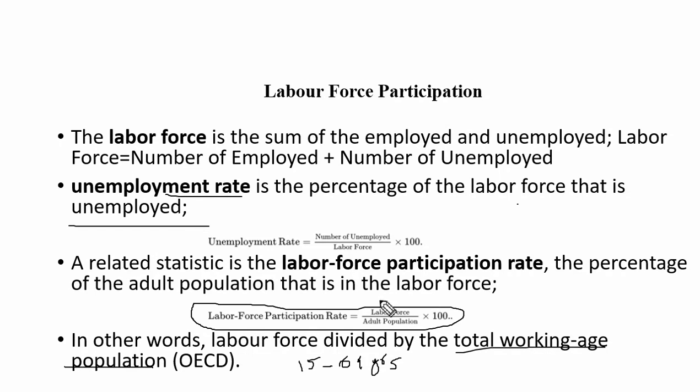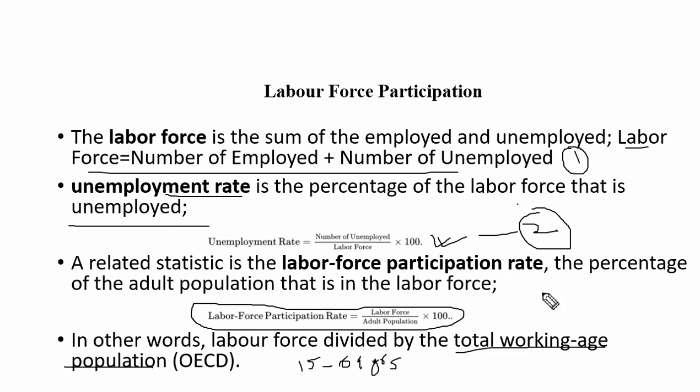So we are getting it from the unemployment rate and the labor force idea. These three equations, this is the first equation, this is the second equation, and this is the third equation or formula, whatever you call it. These are important for us to remember. What is labor force? Labor force is nothing but the number of employed plus the number of unemployed.